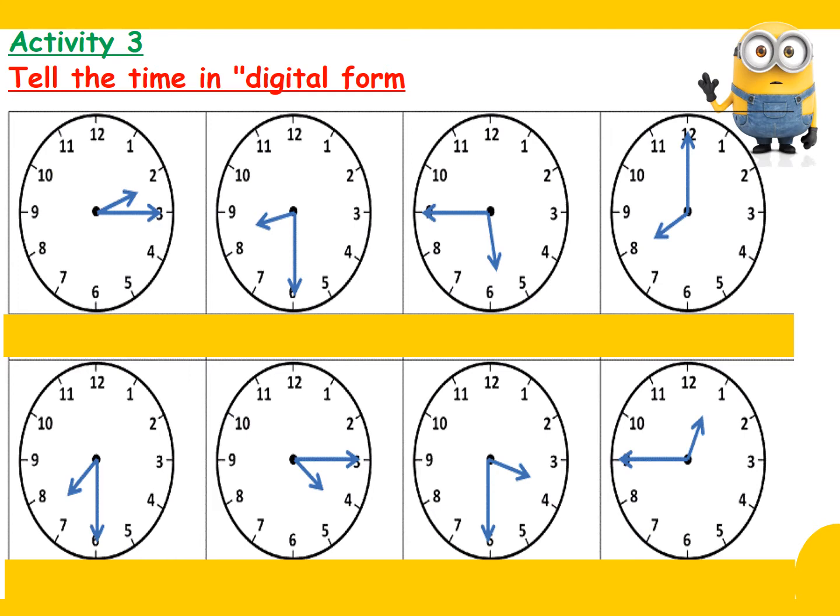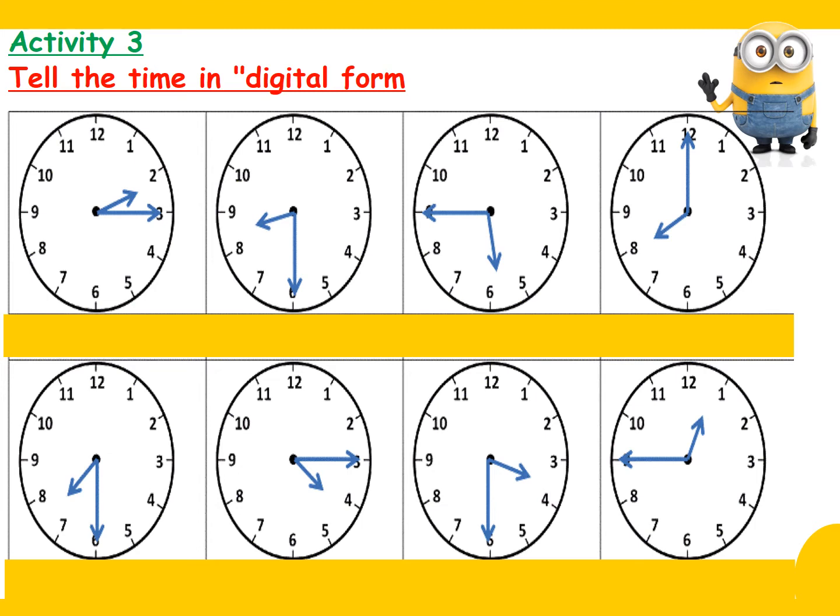If the long hand is on 6, it will be 30 minutes. And if the long hand is on 9, it will be 45 minutes. And finally, if the long hand is on 12, it will be 0 minutes because it tells us the exact time. Let's answer together to understand.